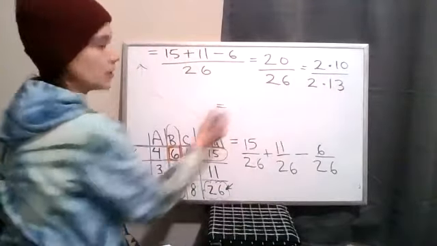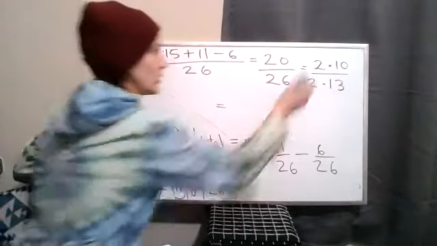Okay, cool. 2 over 2 reduces to 1. I've got 10 over 13 left over.